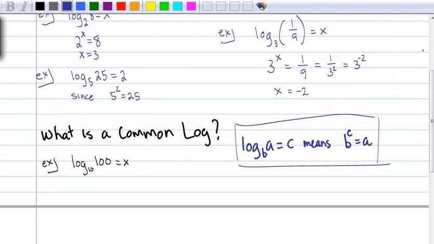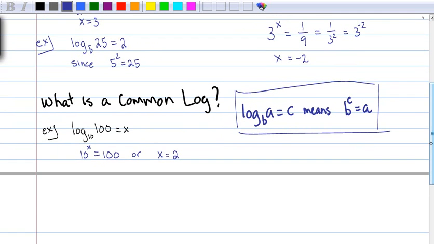Writing the formula on the right again, so we can see it down here. So what is the base again? The base is 10. The exponent is the thing that's alone, equals 100. And so now you can clearly see x is 2. So when things are common logs, sometimes they will just call it log.